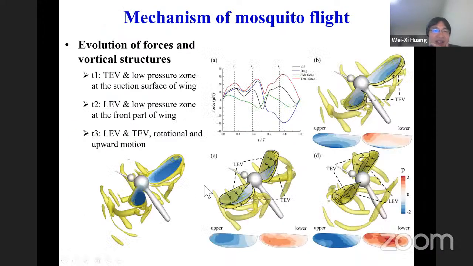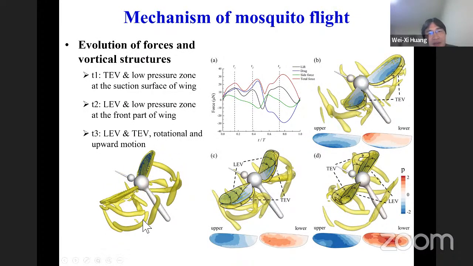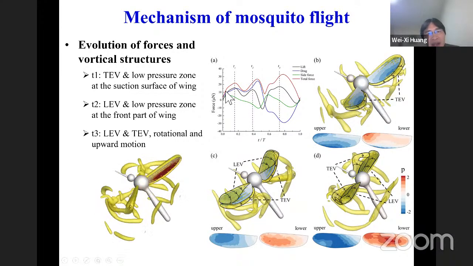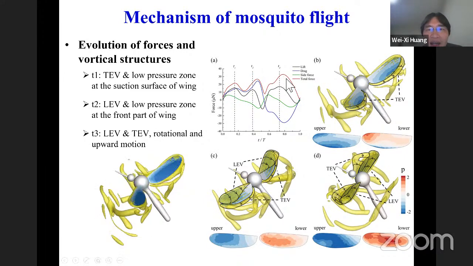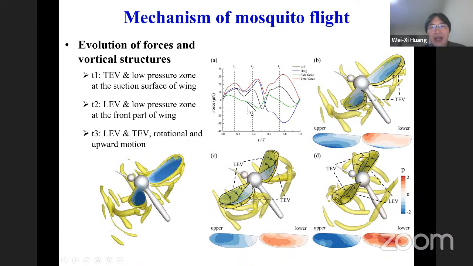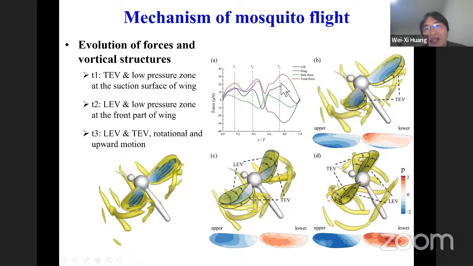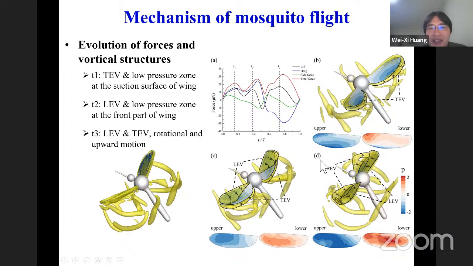This is the flow field, the vortex structures in a flapping period. During a flapping period, we can see three lift peaks. The red line is the total lift force. At these three moments, T1, T2, and T3, the vortex structures are different.